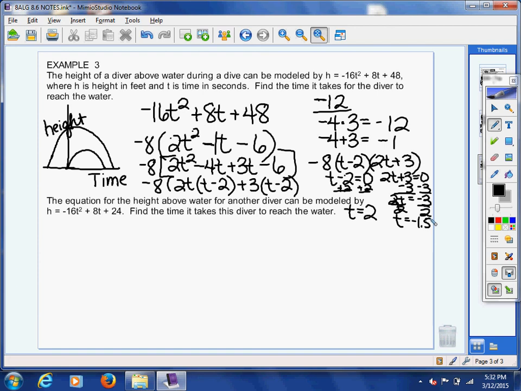We don't start the timer until she's at the height of the diving board, or the platform. So this particular answer is not relevant because we're not talking about what happened when she was climbing up the ladder. We want to know after she dove, once we hit that timer, how many seconds did it take her to hit the water? And it took her 2 seconds. So that's the more reasonable answer.